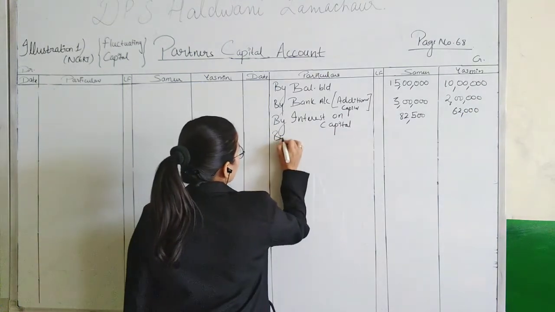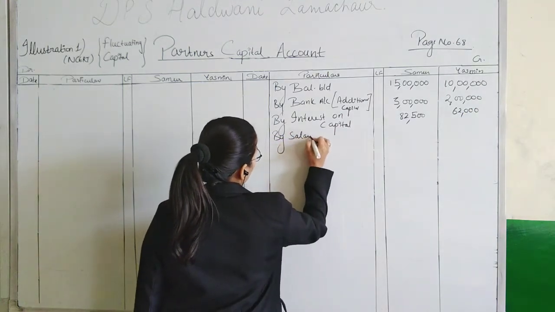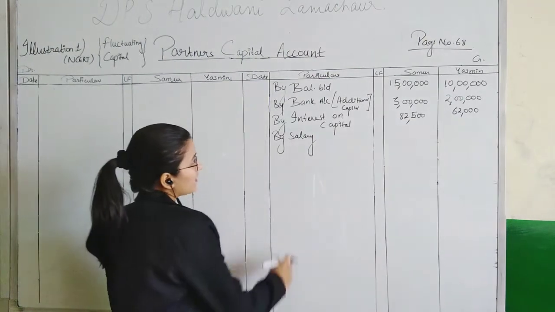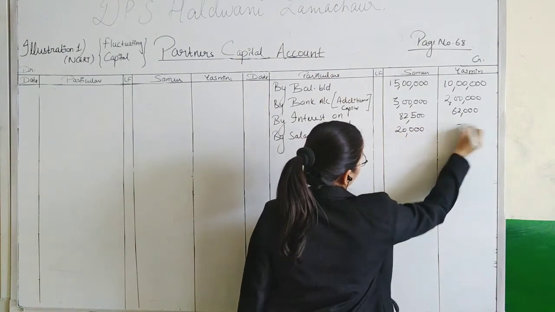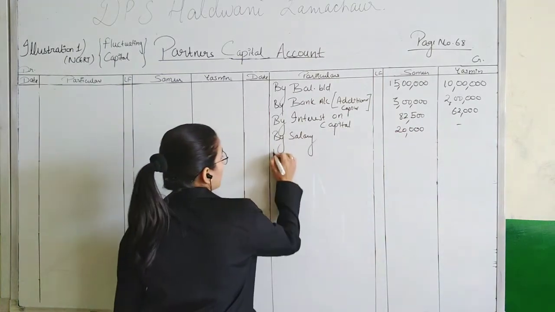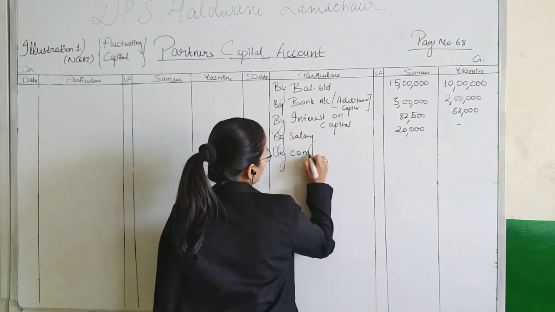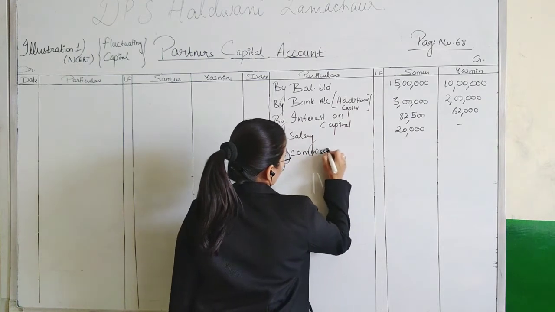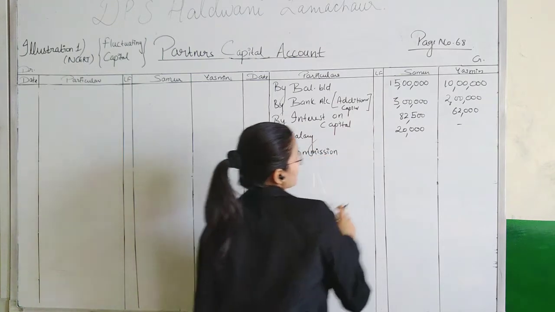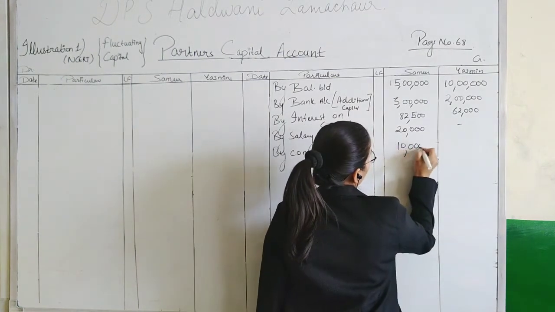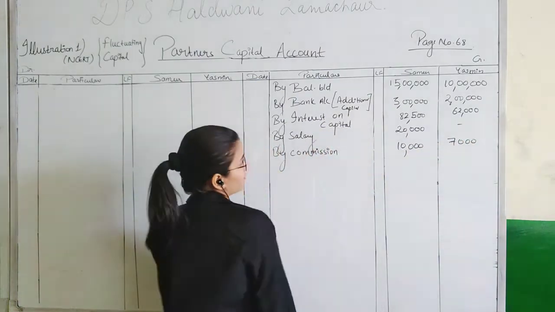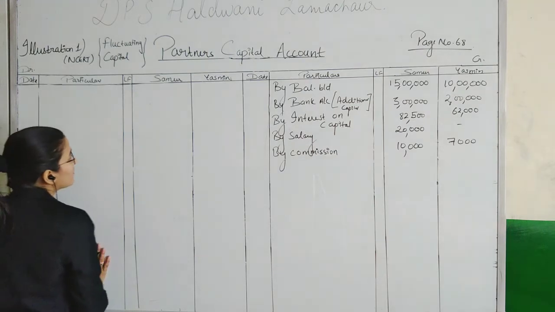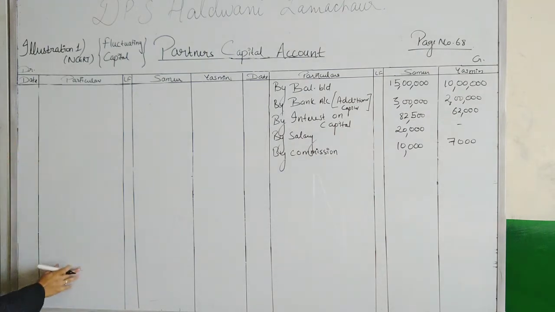Then salary paid to partners. Salary has been paid to Sameer, rupees 20,000. Commission paid to partners. Commission paid to Sameer is 10,000 and Yasmin is 7,000.